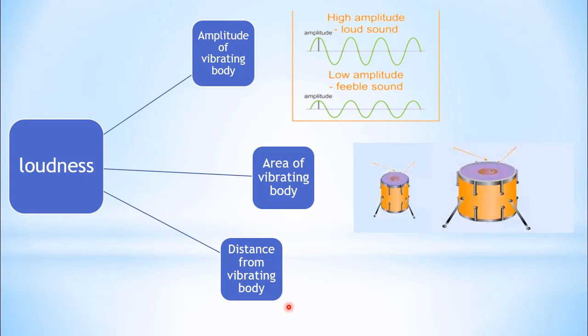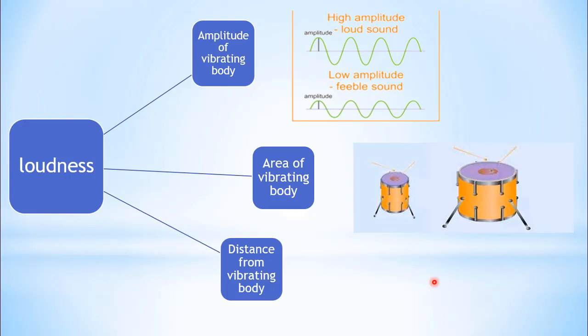The loudness of sound also depends upon the physical condition of the ears of the listener. A sound appears louder to a person with a sensitive ear than to a person with a defective ear. Students, these are the factors on which the loudness of sound depends.